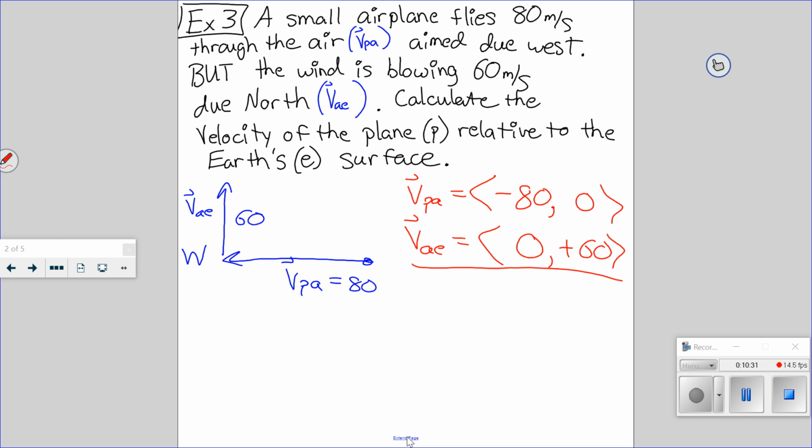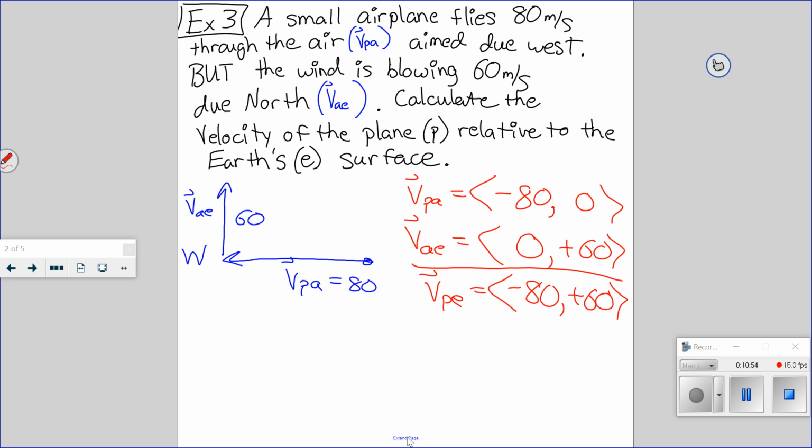So then the vector sum, the velocity of the plane relative to the earth, there's its x and y components, but that is just the hypotenuse of this triangle.